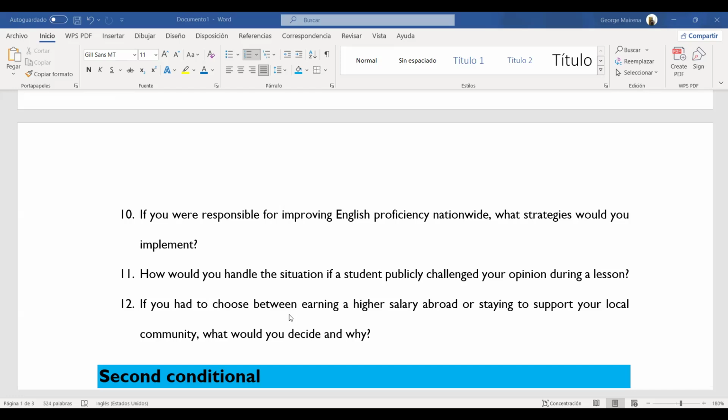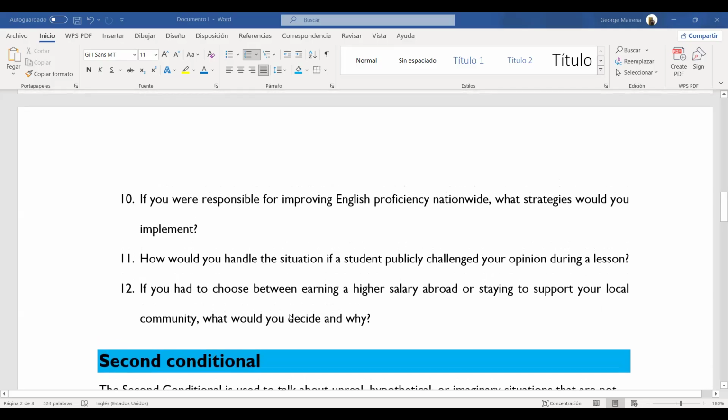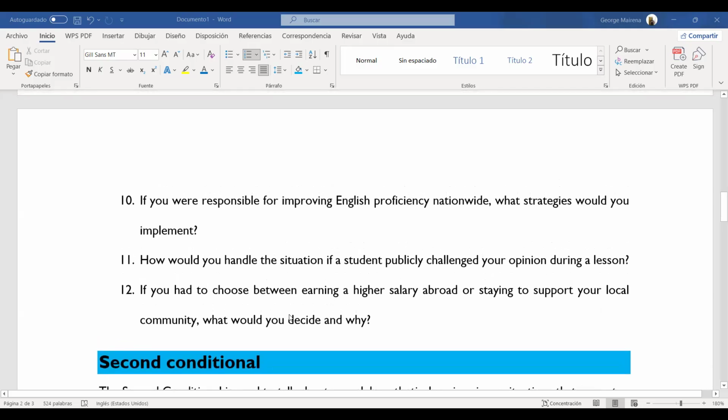Okay, good, good. Okay, folks, we're going to move on to the explanation of the second conditional, but first of all, I would like to know if you have some knowledge or some idea about this.